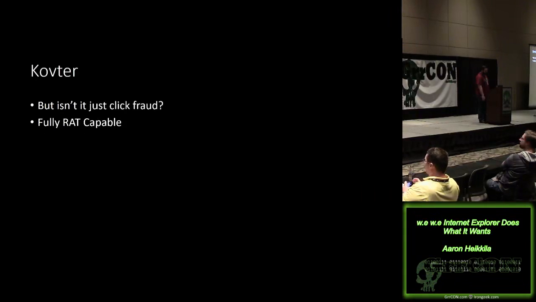So a lot of people might not really think that CovTR is a really threatening malware because its primary role is to perform click fraud. And click fraud's where it'll download advertisements and then click and generate revenue for the attacker. And so people don't really consider it a mainstream threat, even though it is very prolific and infecting over 50% of the malware cases.